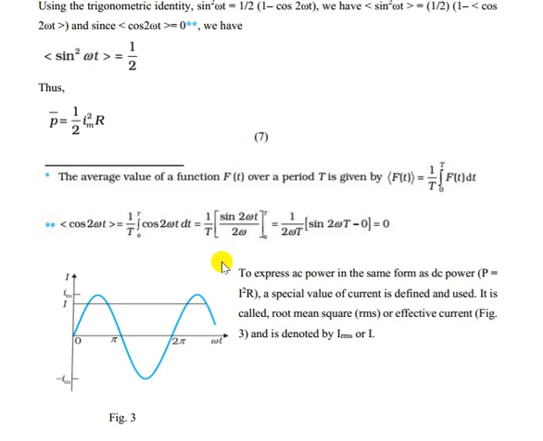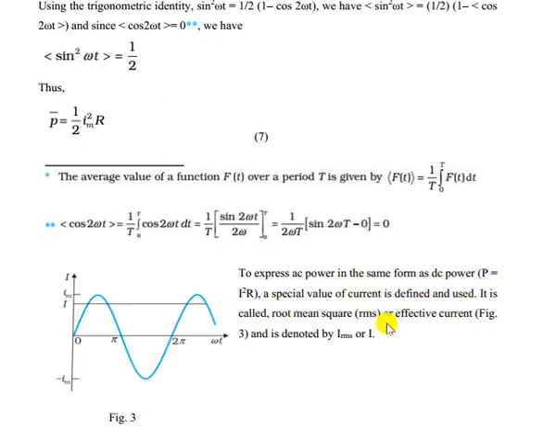Now there is another point that you have to remember, that is called root mean square value. We express AC power in the same form as DC power, P equal to I squared R. Here P is the average power, which for AC is Im squared R divided by 2. If you want to replace that with DC power, P equal to I squared R, a special value of current is defined and used.